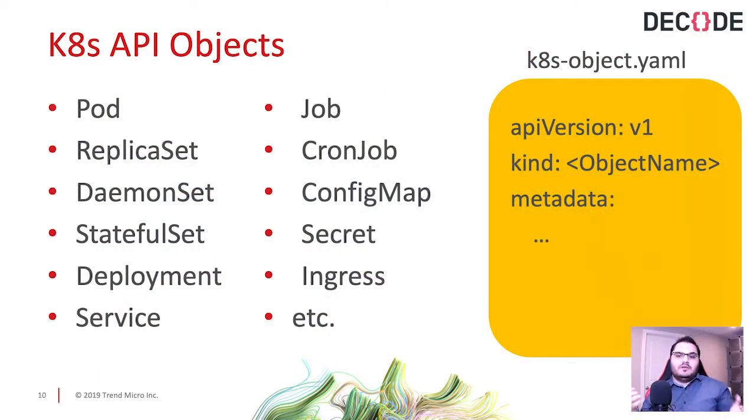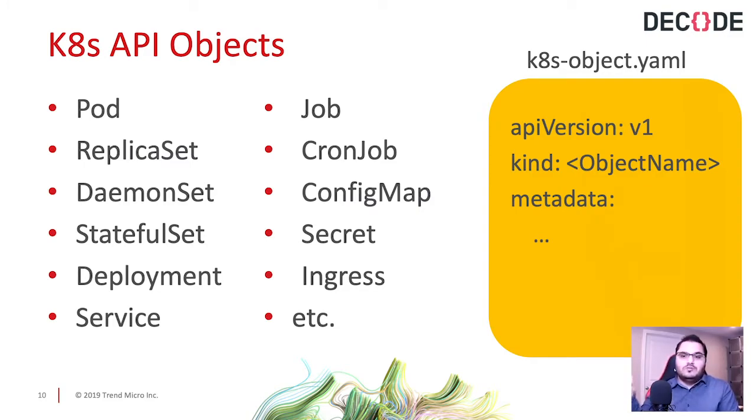So some of the objects that are available for you on Kubernetes are here, the API objects. I said we have the pod, we have deployments, we also have replica set, daemon set, services, and jobs and cron jobs. Each one of those objects has a special characteristic and a special usage, right?